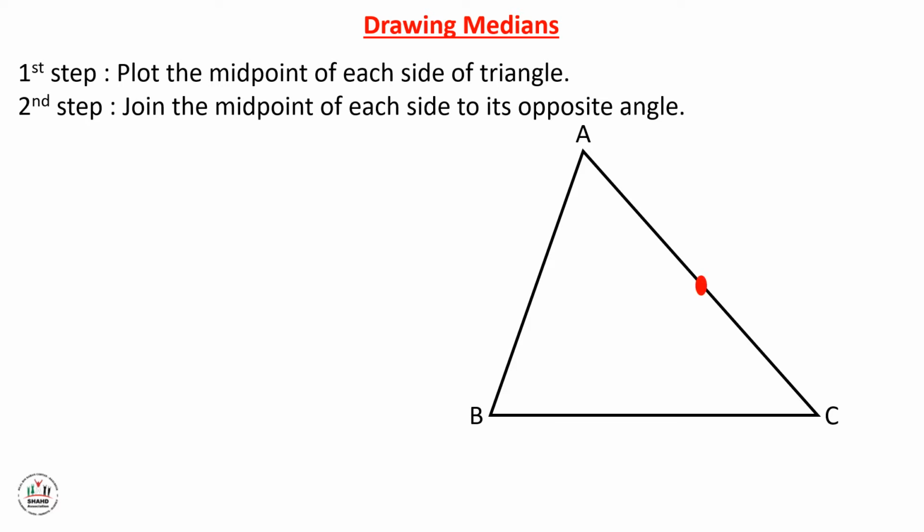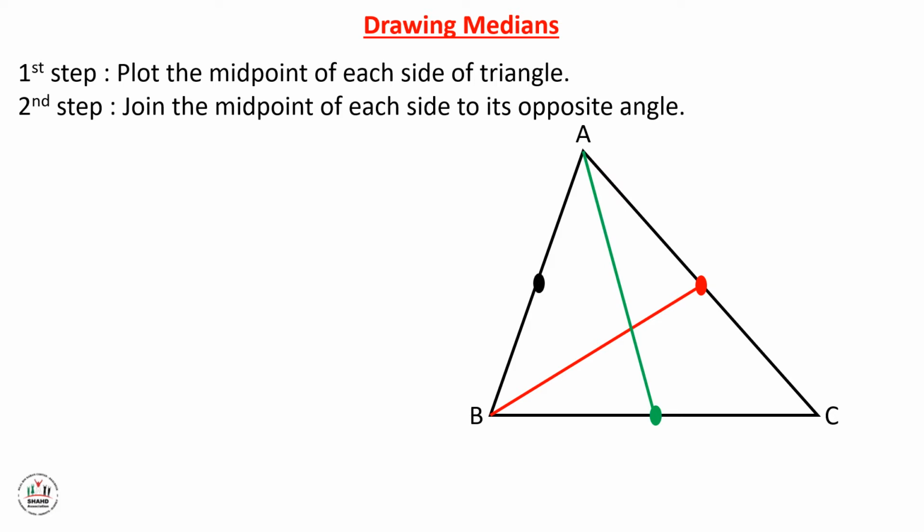So the midpoint of AC, we plot it, and we join a line from this point to the opposite angle of this side, which is angle B. Again, we plot the midpoint of side BC, and we join this midpoint with the opposite vertex of this side.